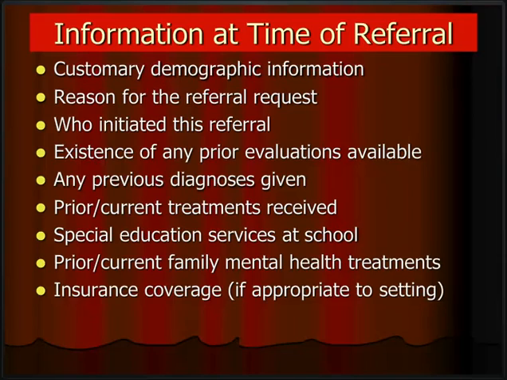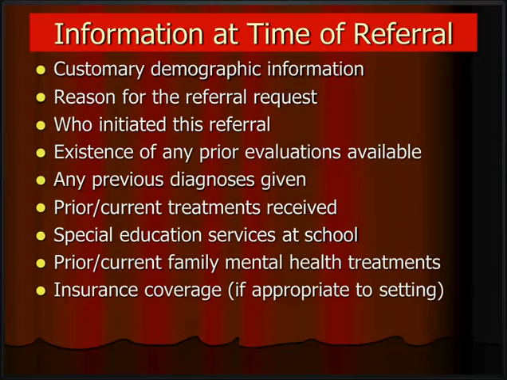Now, at the time of the evaluation, or at least at the time of the initial referral for the evaluation, the clinician is going to gather a variety of pieces of information about the child. In our clinic, we like to do this at the time that the phone call is received in the clinic requesting the evaluation.